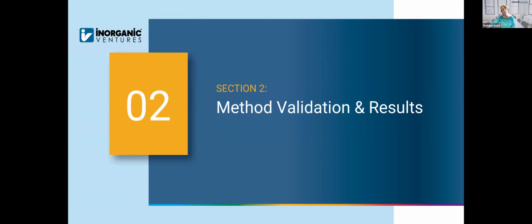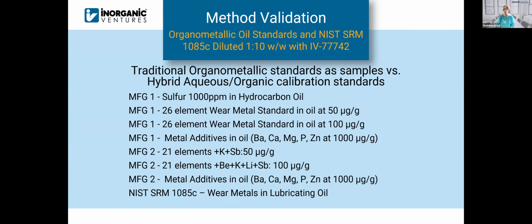So we're going to look at the method validation and the results. How did we validate our method? To validate the method, we used our hybrid aqueous organic solvent standard and tested a number of different organometallic CRMs and also NIST SRM 1085C as samples.